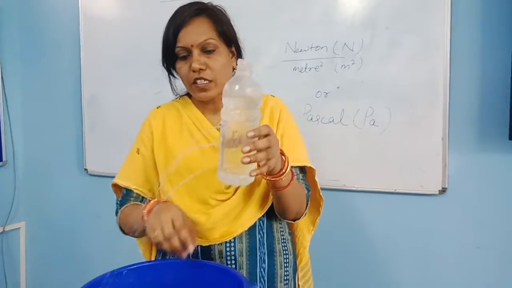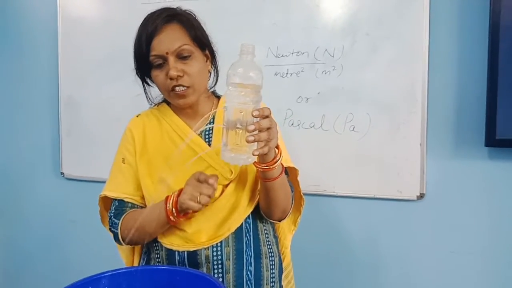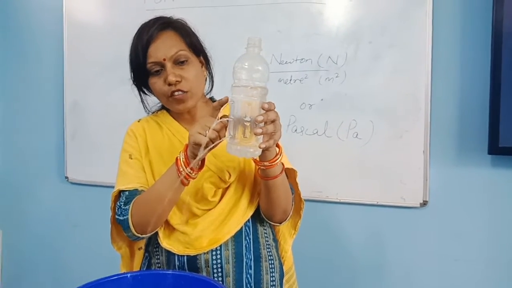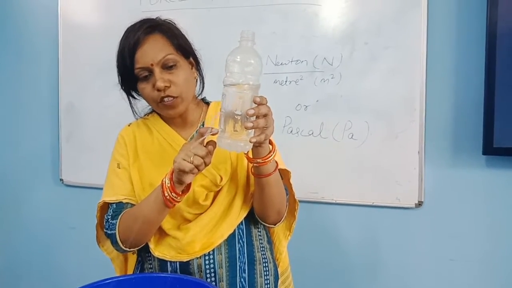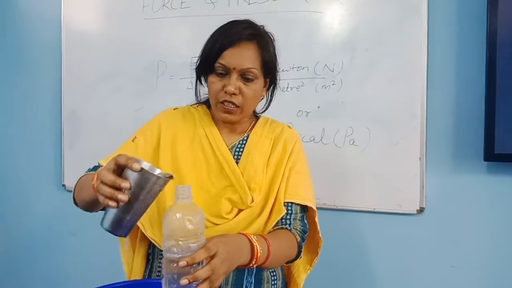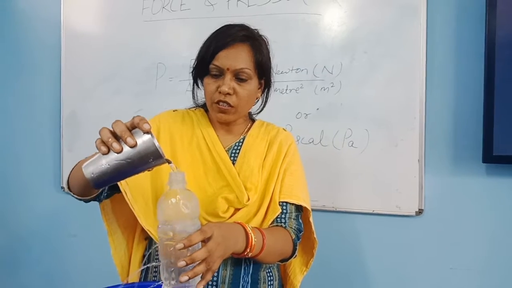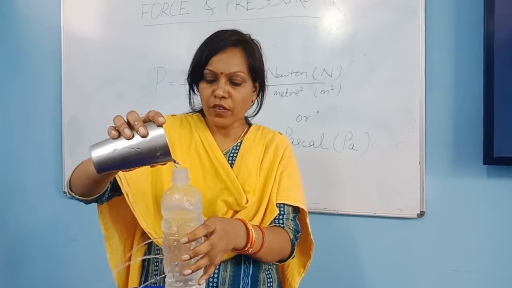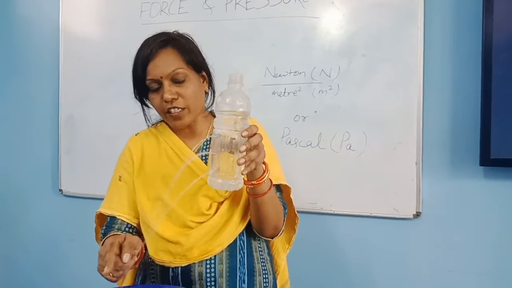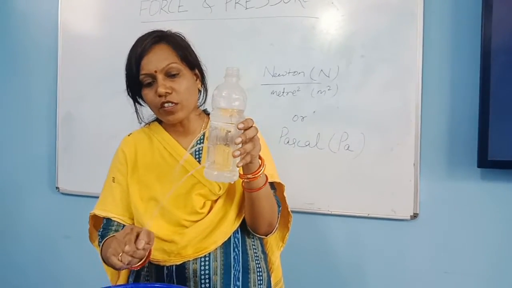And we see the water is coming from these three holes. At this hole the depth is less, so the pressure is less, and at the bottom hole the depth is more, so the water falls at a greater distance. It means here the pressure is also more.